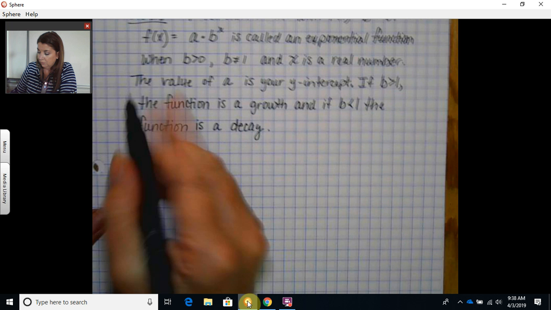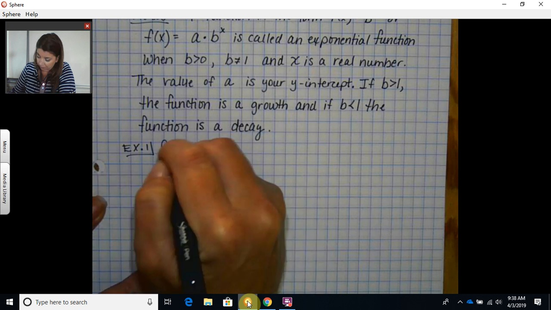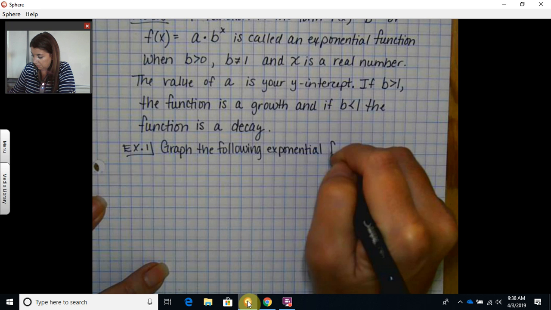Example 1. Graph the following exponential functions on the same plane.